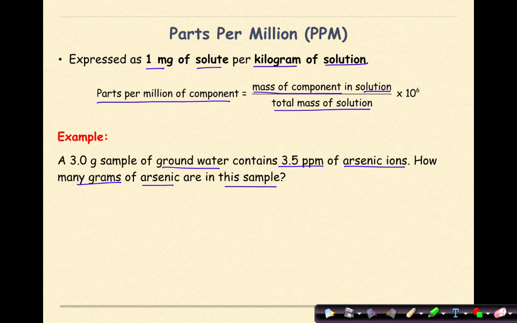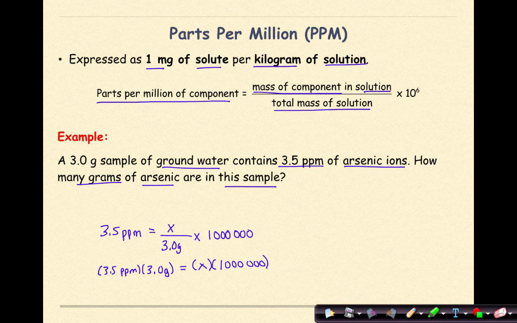They give us the parts per million of the component, which is 3.5 parts per million. That's going to equal the mass of the component in the solution, which we're going to solve for, over the total mass of the solution, which they tell us is 3.0 grams, times 10 to the 6th, which is really just a million. To solve for x, we take 3.5 parts per million, multiply that times 3.0 grams, and that'll be equal to x times a million.